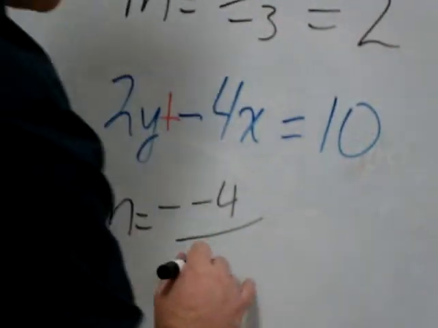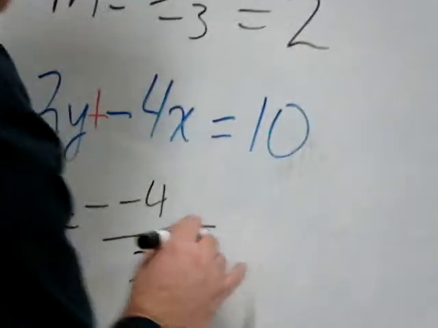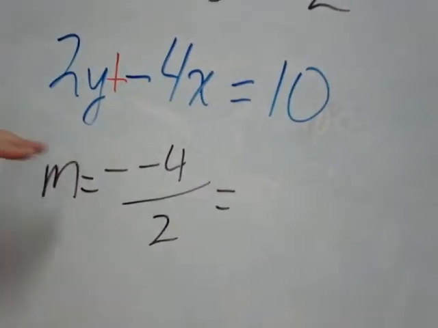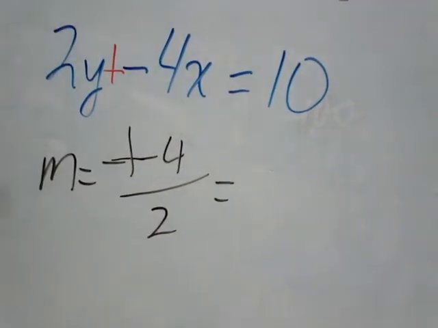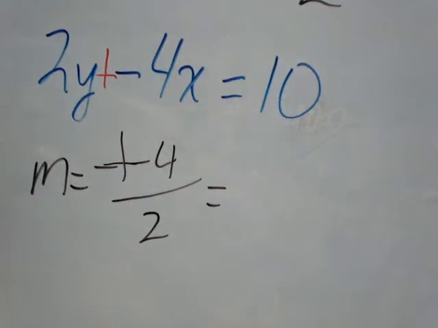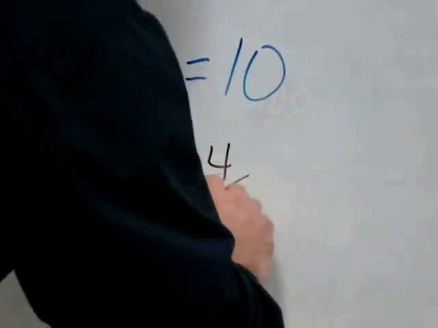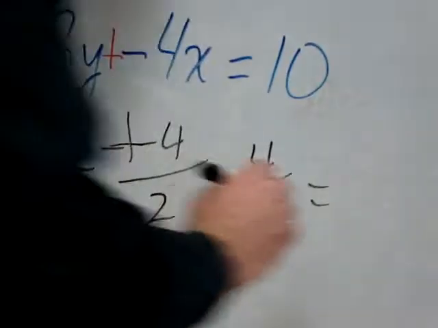The coefficient of y in this case is 2. What does that reduce to? First of all, a negative negative is a positive. So a positive 4 divided by 2 equals 2.